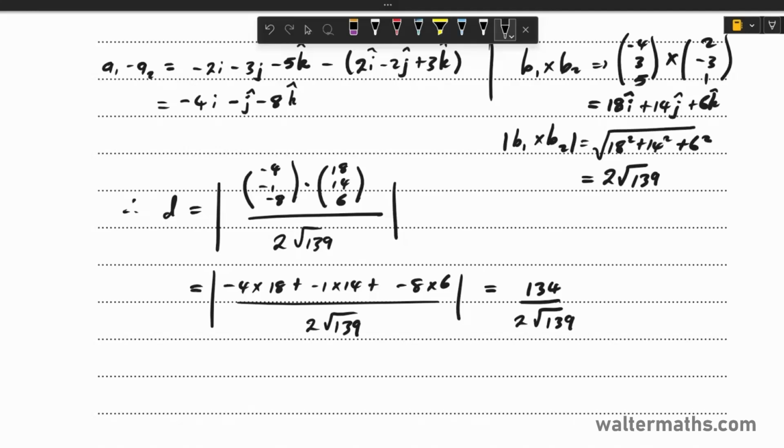Okay, dividing 2 into 134, we get 67. So basically, the answer is 67 over the square root of 139. So this is what we get right here.